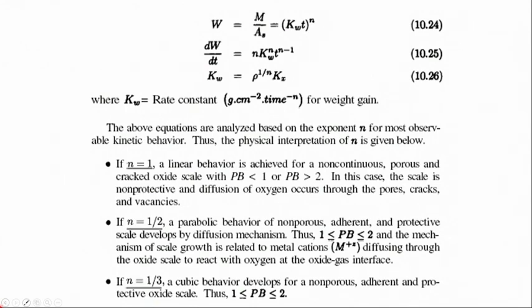But as soon as the surface is covered with the oxide, and that oxide is very thick, non-porous and defect free in nature, then parabolic behavior is observed, where the kinetics of the scale growth is very slow.